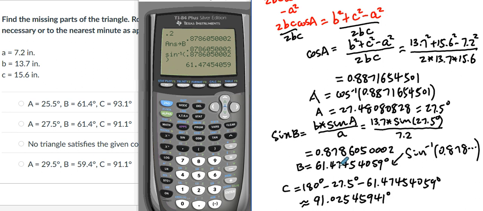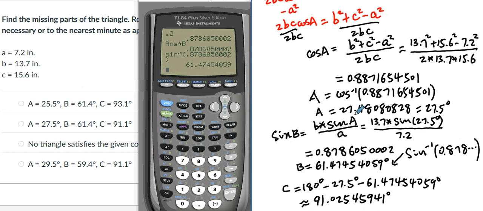Now it looks like this is not exactly the same as the one right here, because you have to round it up. The difference is caused by the fact that here we used 27.5.